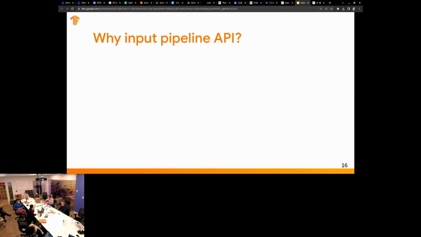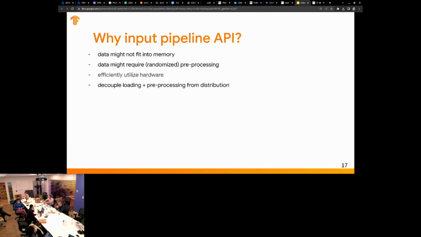Okay, why the input pipeline API? Why use TensorFlow basically to generate the input data? Data might not fit into the memory. This is a type of problem you are definitely facing if you are using giant tabular data or a lot of image data.